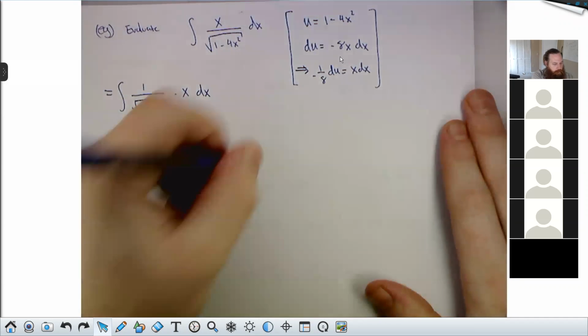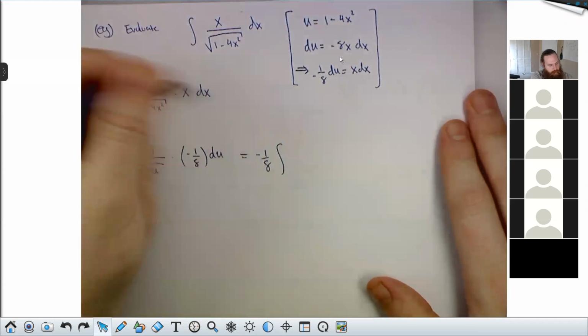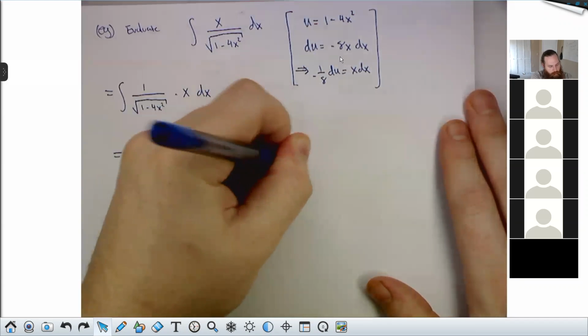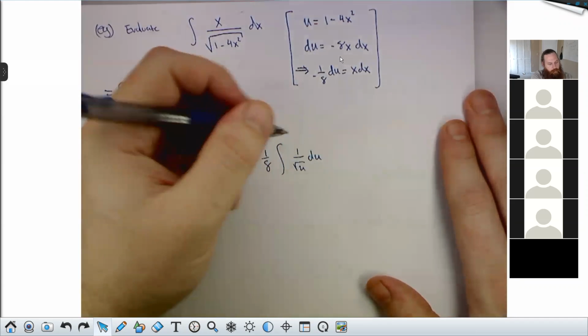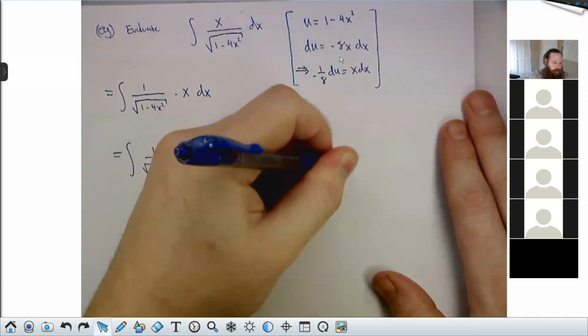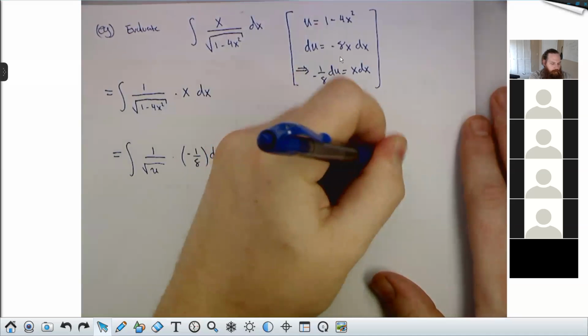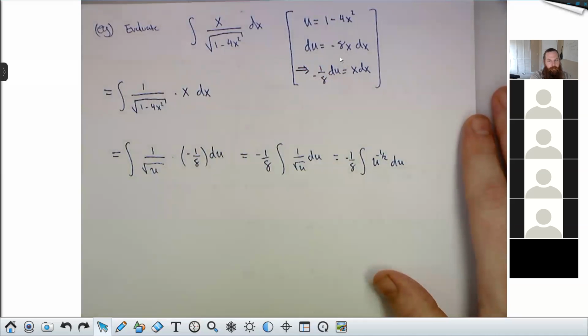That negative 1/8 is a constant multiple. It can come out, and you get the integral of 1 over the square root of u du, which is negative 1/8 times the integral of u to the negative 1/2 du, which you can now use your power rule on.